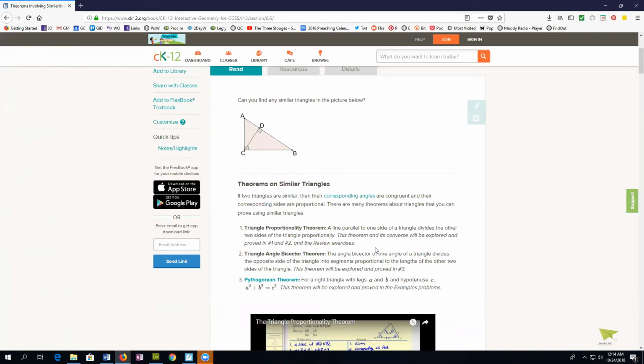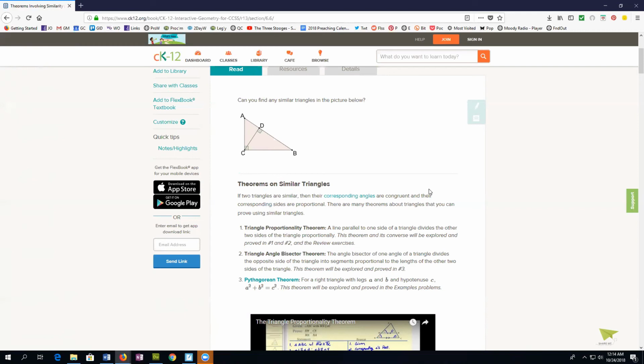The Triangle Angle Bisector Theorem: the angle bisector of one angle of a triangle divides the opposite side of the triangle into segments proportional to the lengths of the other two sides of the triangle. Very interesting. And of course, the Pythagorean Theorem: for a right triangle with legs A and B and hypotenuse C, a squared plus b squared equals c squared.